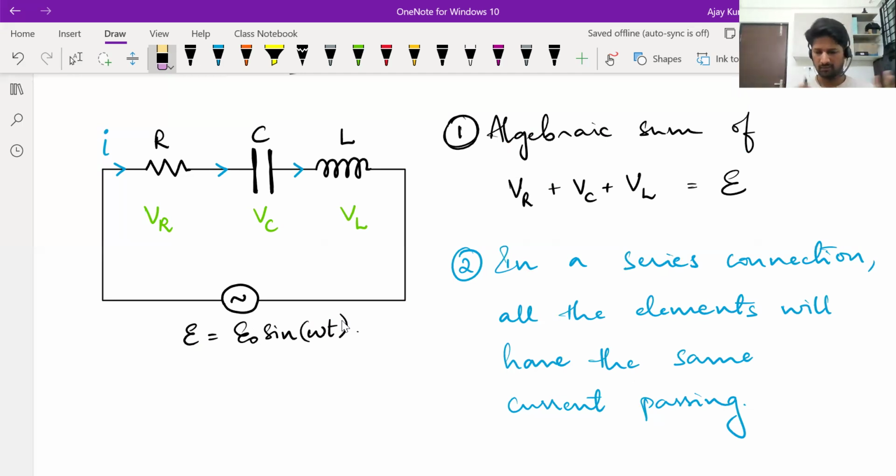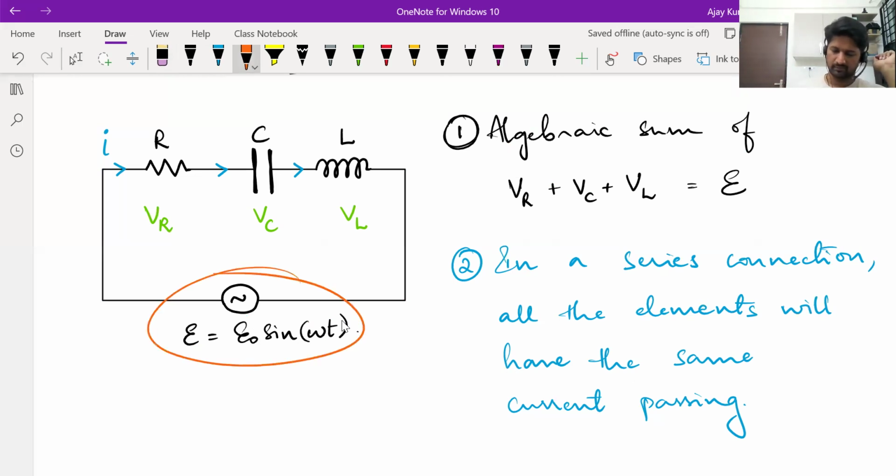Now, the problem here is that this EMF E naught sine omega t is not applied only across the resistor, or only across the capacitor, or only across the inductor. It's applied across the combination. So the problem is that we don't know the individual EMFs that appear across them. You can't say one third of this, one third of this, one third of this will appear.